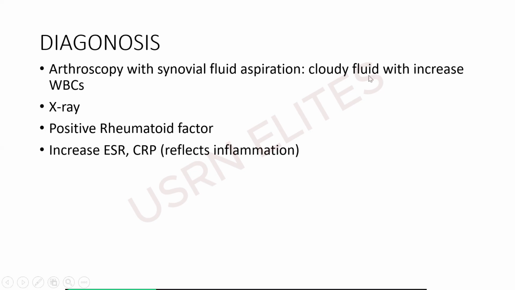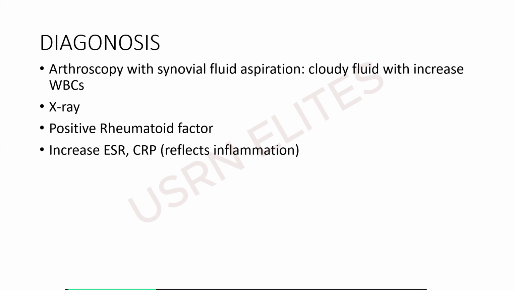Cloudy, with increased WBC because there's inflammation ongoing. The synovial fluid and the membrane are all damaged, so that place becomes cloudy with increased WBC at the joint. So they will do synovial fluid analysis by aspirating with the help of arthroscopy.